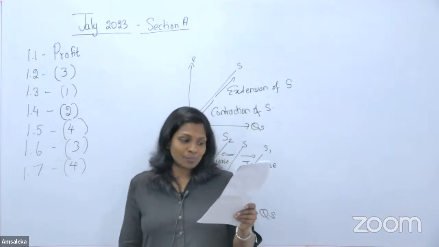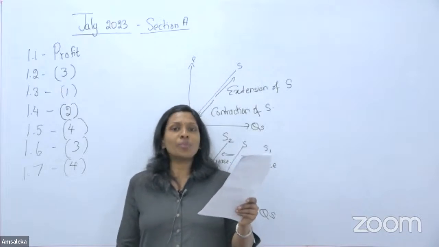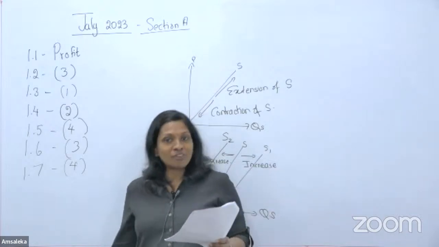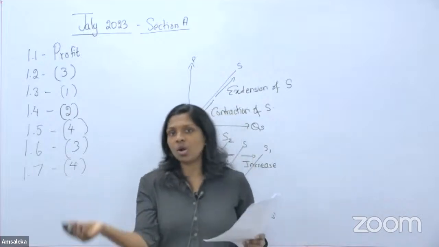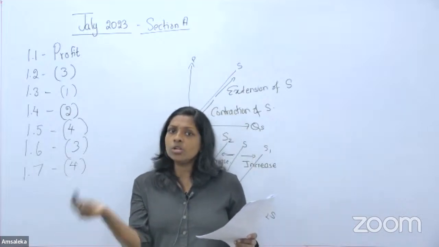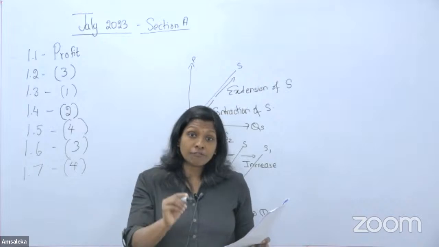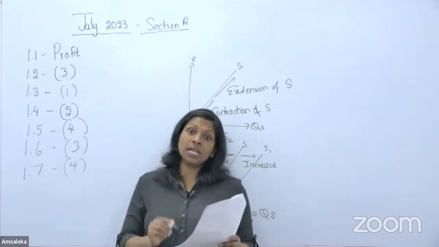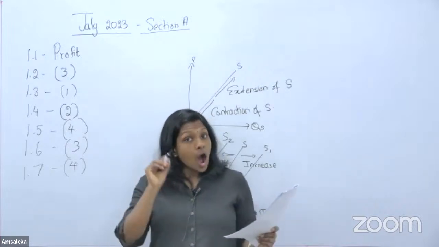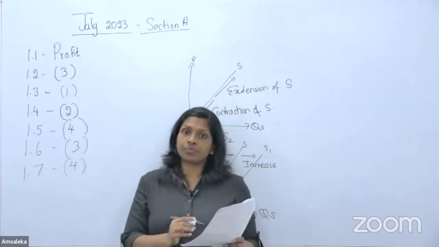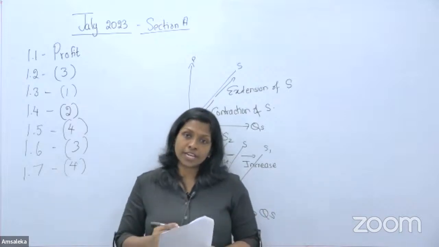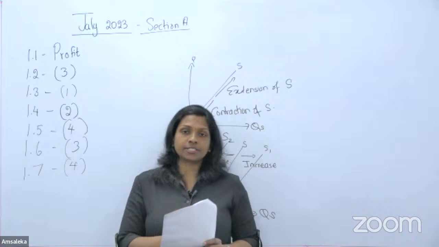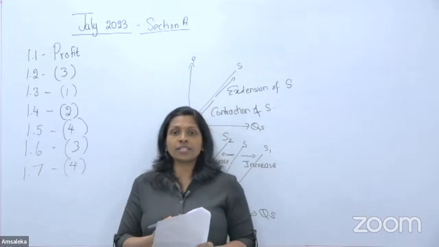Very first one, it makes normal profit in the long run. Yes, the first one is the answer. Why? Short run, long run, we discussed. A firm in the perfect competitive market can enjoy abnormal profit or normal profit or loss. Loss means negative profit.